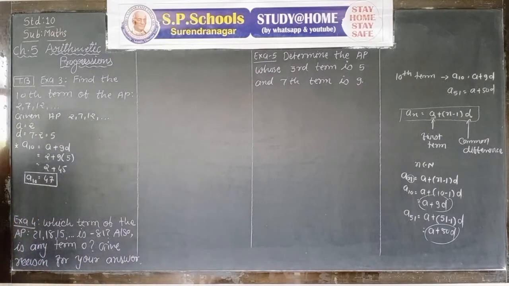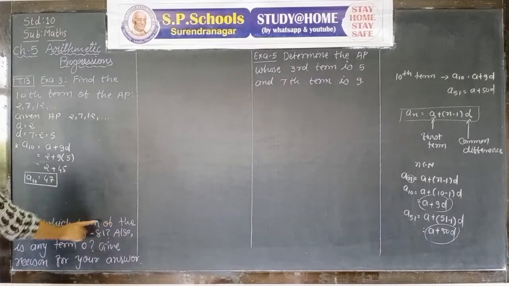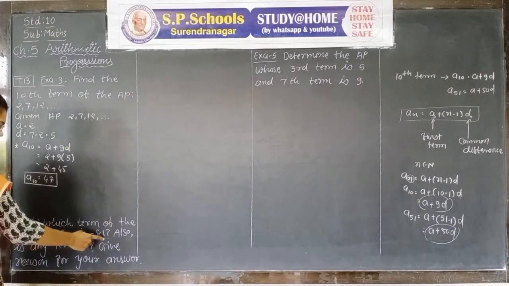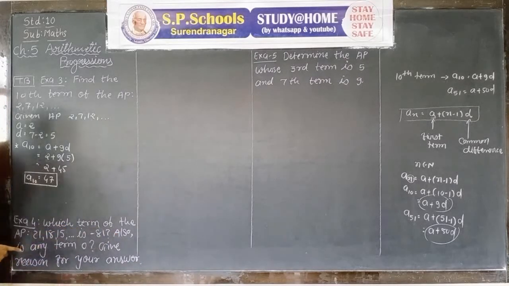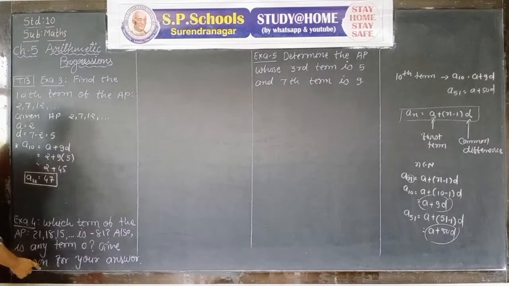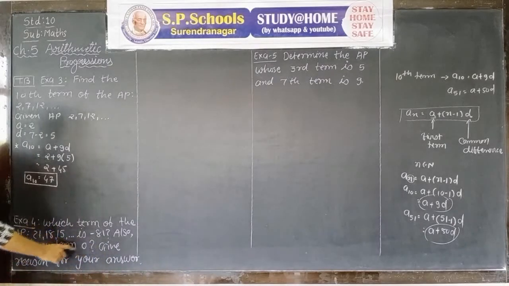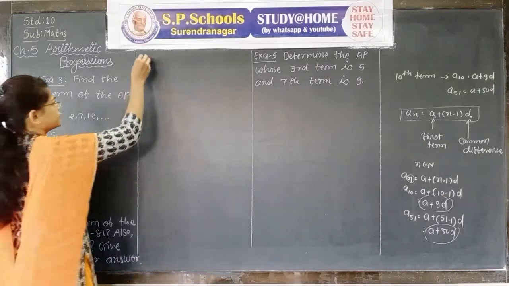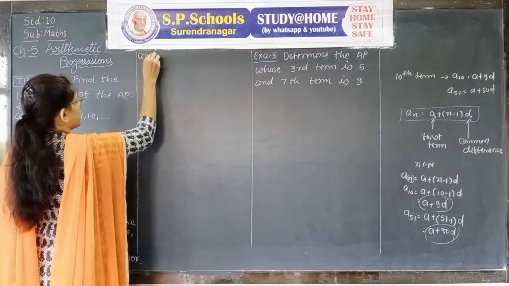Now we see the next example: which term of the AP 21, 18, 15 up to infinity is minus 81? Also, is any term 0? It is our second question. Give reason for your answer. In the first one, the AP is given. First of all, write the AP.